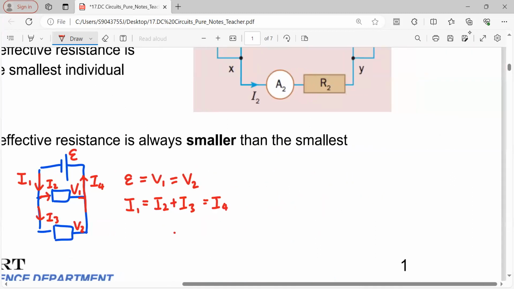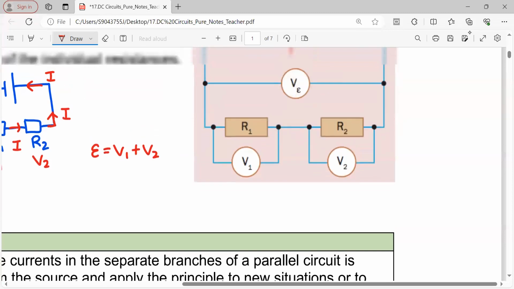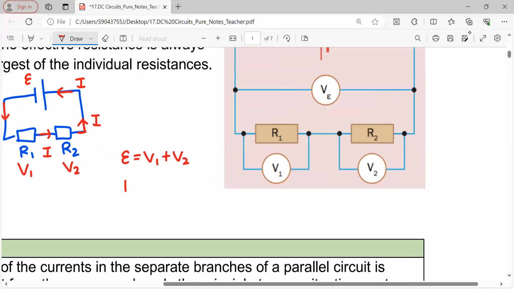The formula is given by 1 over RT equals 1 over R1 plus 1 over R2 plus 1 over Rn. Whereas for a series circuit, the total resistance is calculated by RT equals R1 plus R2 plus Rn.